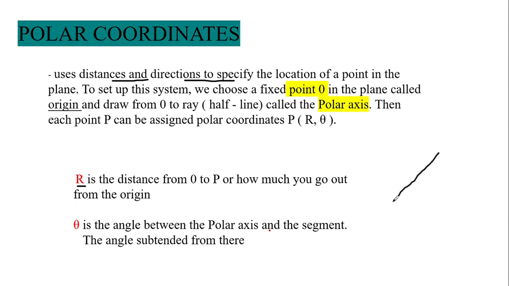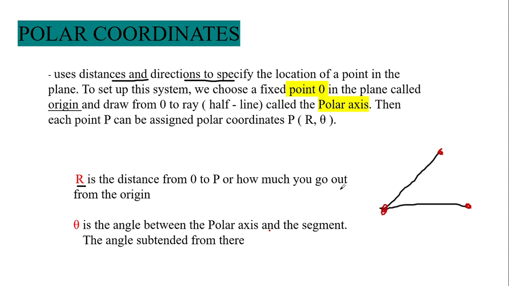So let's have here the illustration. Then we need to use different colors for you to understand it. So let's have a point here. Now, as you can see, the point here is our origin.